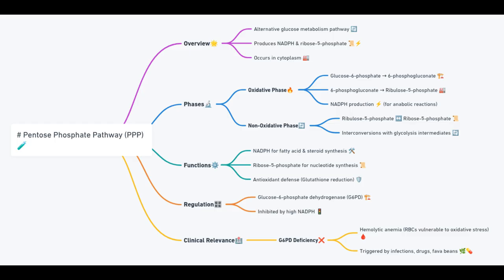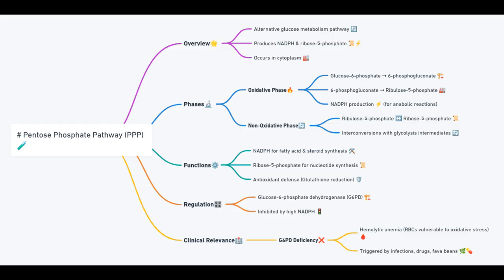So simply, like I said, glucose-6-phosphate is being converted to 6-phosphogluconolactone by glucose-6-phosphate dehydrogenase, which utilizes NADP plus to produce NADPH. The 6-phosphogluconolactone is being converted to 6-phosphogluconate by gluconolactonase, which utilizes water to form one hydrogen ion.